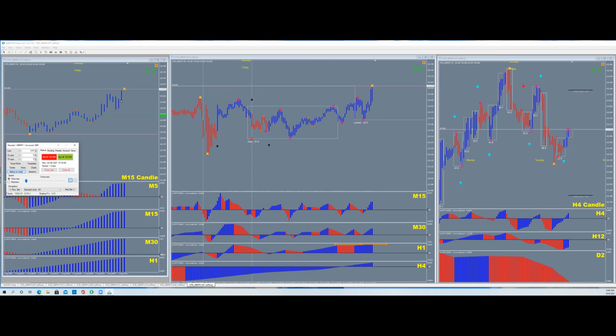Okay. So you see that the market pulled back, correct? And it changed everything back to blue. Let's go back. Everything was red here. Everything was red here.